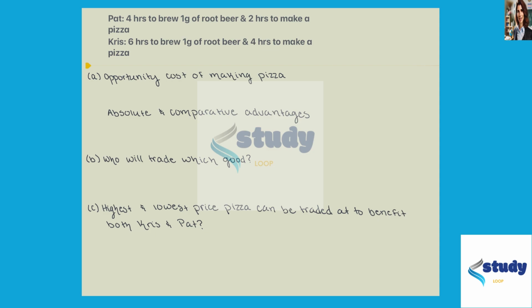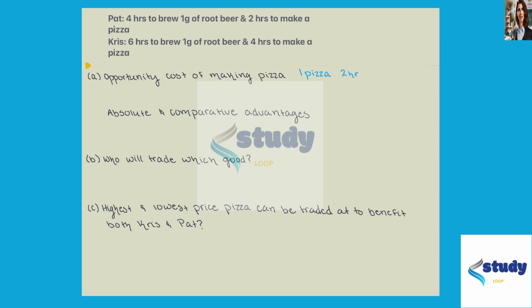So looking at this, for Pat, let's start there. What we see is that it takes him 4 hours to brew 1 gallon of root beer and 2 hours to make a pizza. So what we really want to know is the cost of making a single pizza. How many gallons of root beer is Pat giving up to make that one pizza? So what we see here is that one pizza can be made by Pat in those 2 hours.